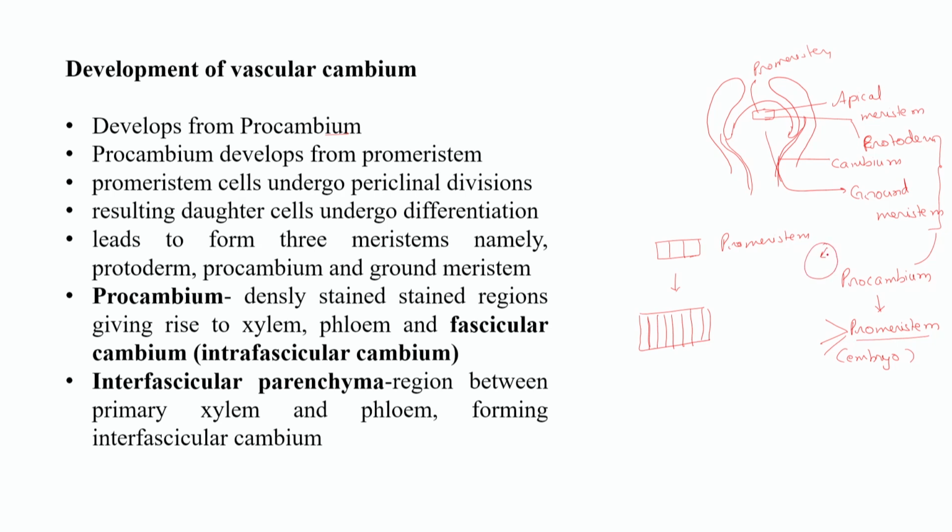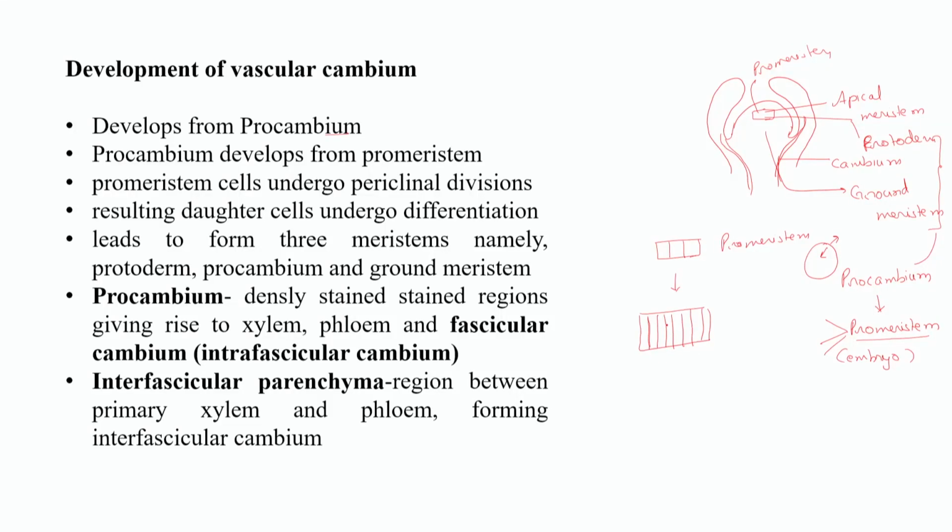Suppose any division which is increasing the cells on the outer layers or in the inner layers, that is periclinal, and anticlinal division is one which is just increasing the surface layer. So periclinal division will occur, and some cells will be differentiated into ground tissue. Then you have a protoderm. So outer layers will be protoderm and these layers will be procambium. In this way, promeristem will be differentiated.